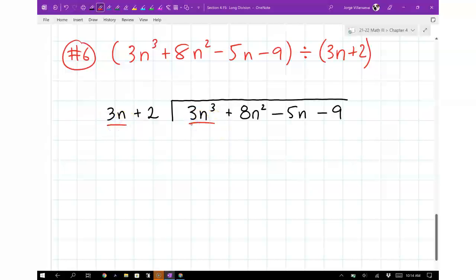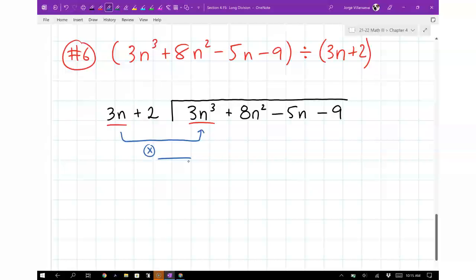So I need 3n to become 3n cubed. What should I multiply 3n by in order to get 3n cubed? I want this to become that. What do I multiply it by? 3n times what is 3n cubed?